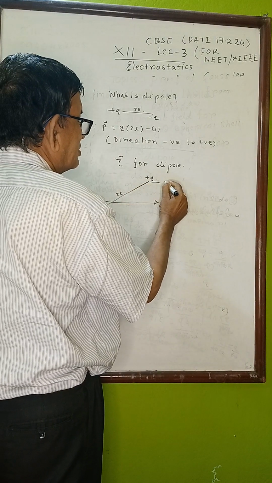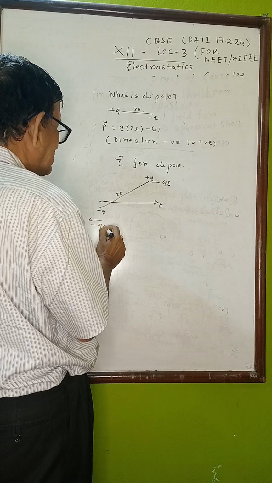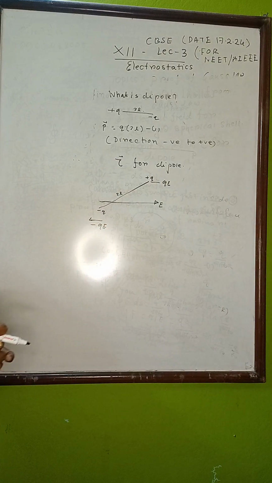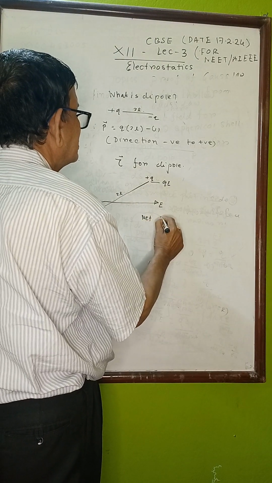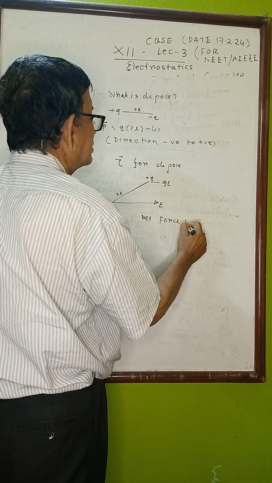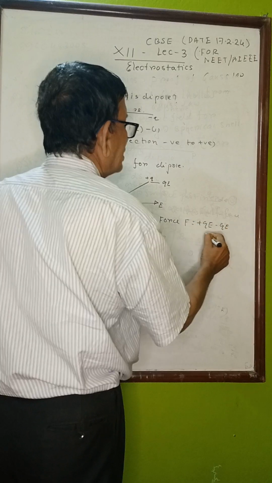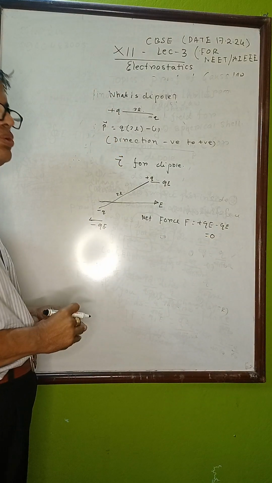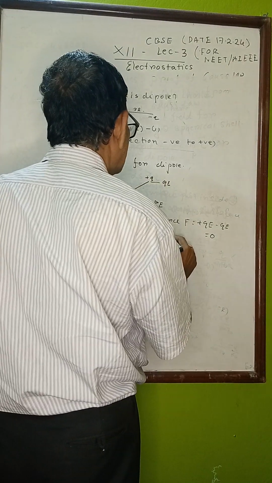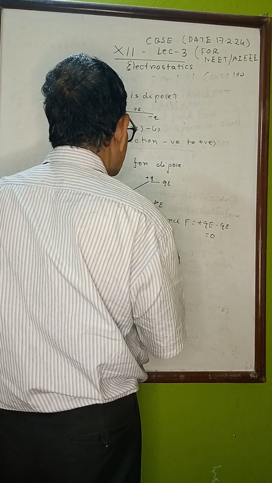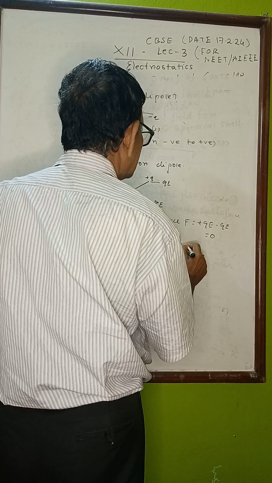For the positive charge it will be QE, and for the negative charge it will be minus QE. So it is clear that two equal and opposite forces act on the dipole. Net force F equals plus QE minus QE, which equals 0. So as a result the dipole will not experience any accelerated rectilinear motion, so no accelerated linear motion.